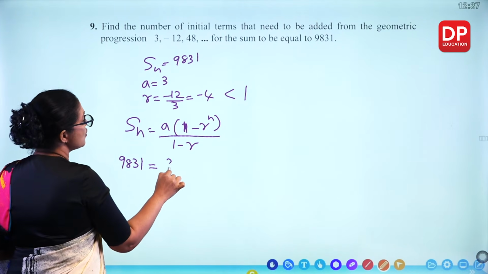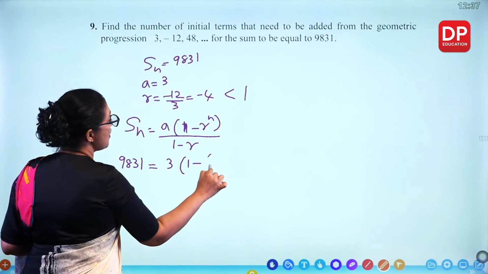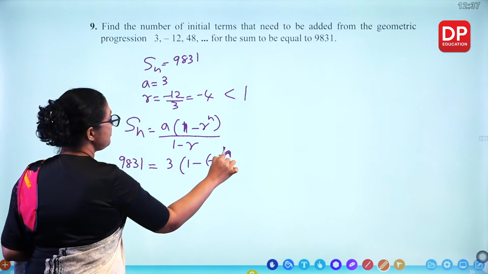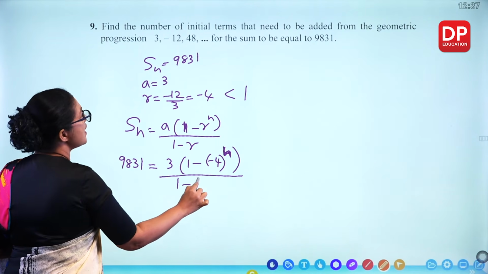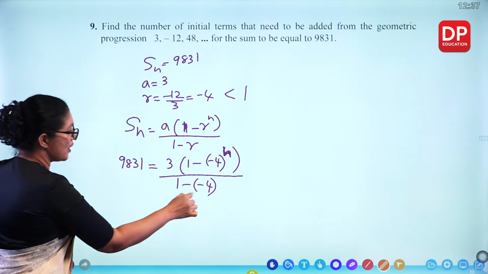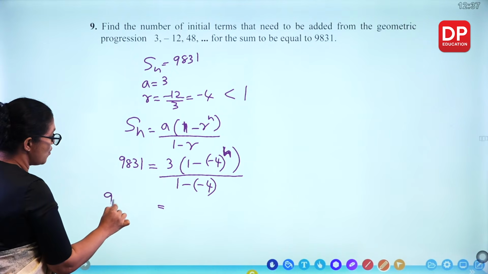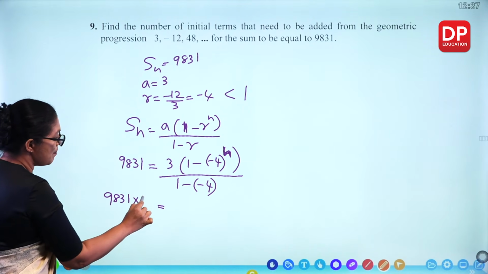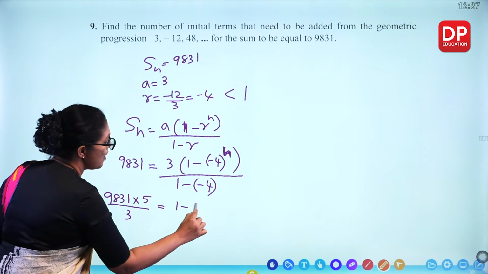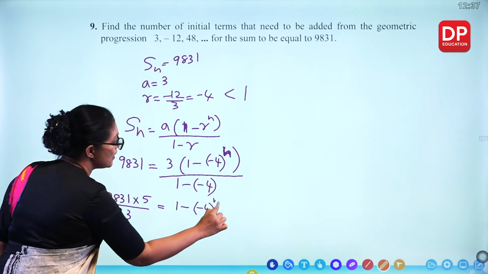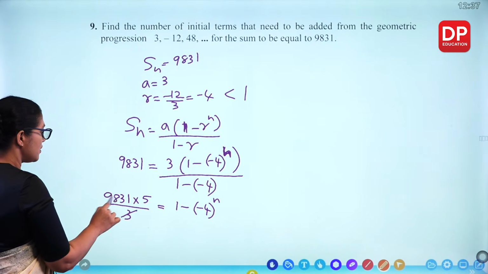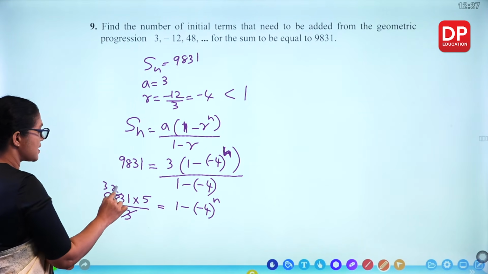9831 is equal to 3 times 1 minus 4 to the power n over 1 minus 4. You get 5 here. So 9831 multiplied by 5 divided by 3 gives 1 minus 4 to the power n. Now divide by 3. 3 times 3, 3 times 2, 6.